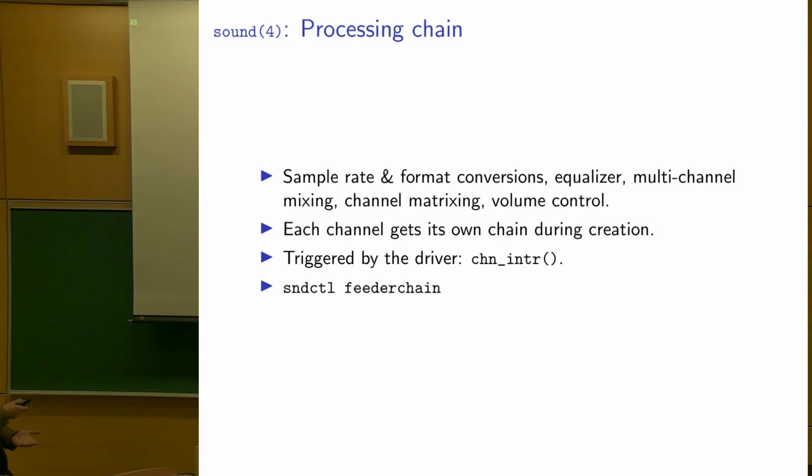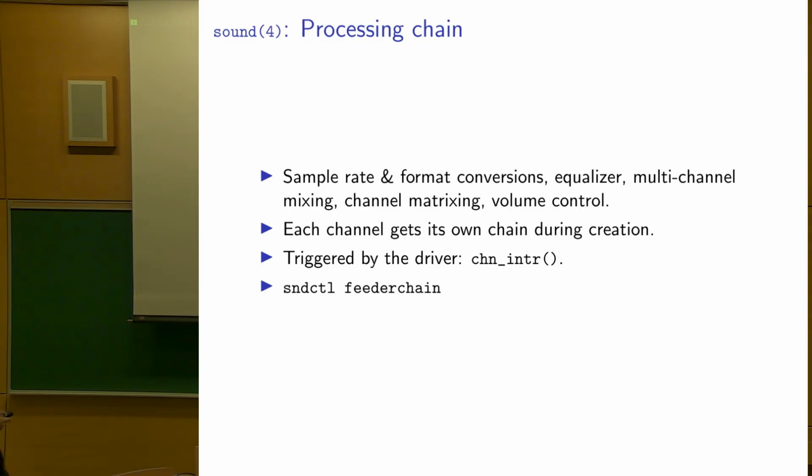But if your card actually works with 5.1, you cannot just send it stereo format. You need to convert this to a 5.1 stream, and then it's ready to go to the sound card. And the opposite is true. If you're recording from a stereo card and you want a mono stream, then you have to take this stream, convert it to mono, and then it's ready to go to userland.